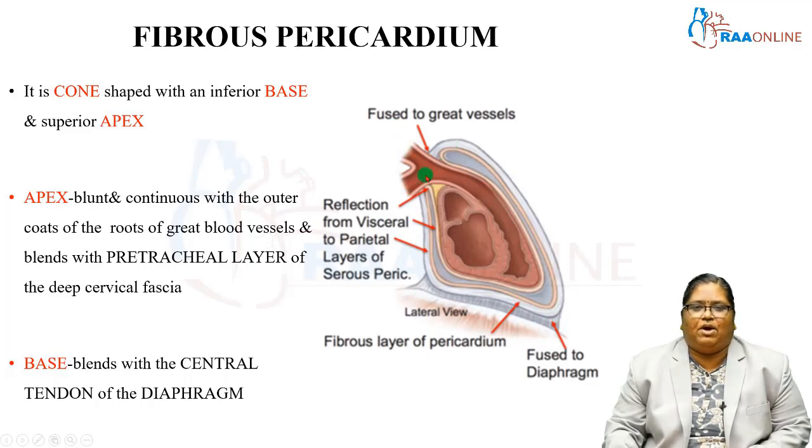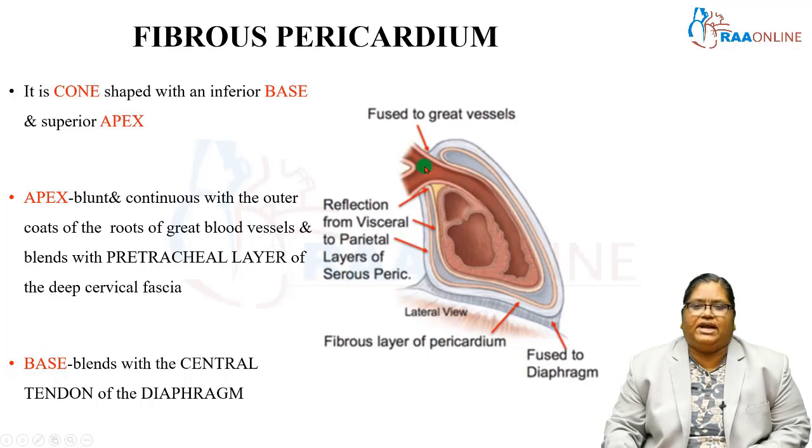The apex is above, whereas the base is inferior. Whereas in the case of the heart, the apex will be towards down. That is the main difference between the pericardium and the heart. So the fibrous pericardium is cone shaped with an inferior base and a superior apex.